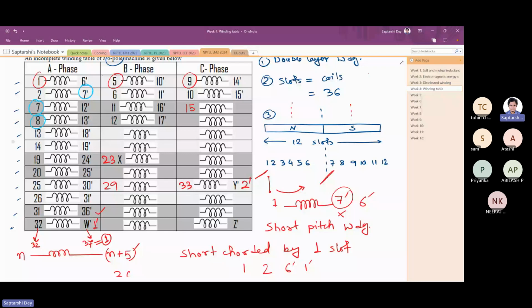So 38 minus 36, 2. Similarly, 32 plus 4, 36, 36 plus 4 is 4, and 4 plus 5 is 9. Z should be 9.